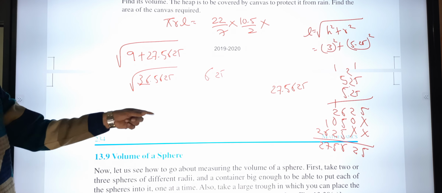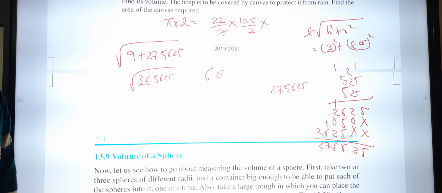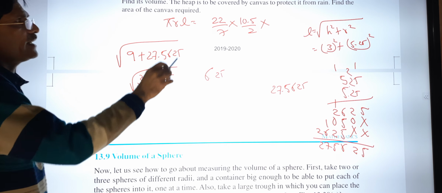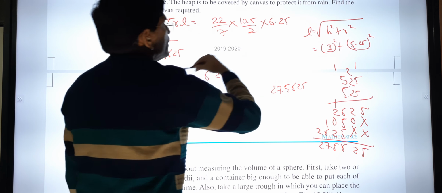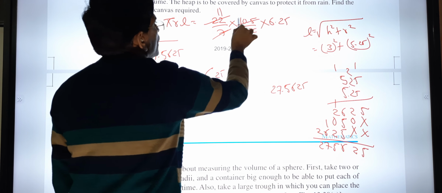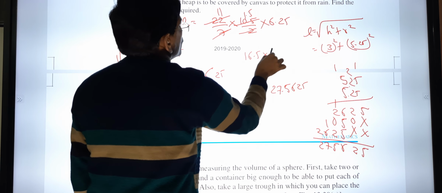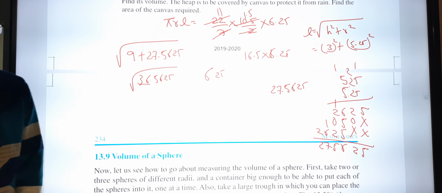So if you multiply 6.25 by itself, you will get 36.5625. Now 6.25, I have to put it here. And if you cancel it, we can get, again, 16.5 into 6.25, you will get the volume.